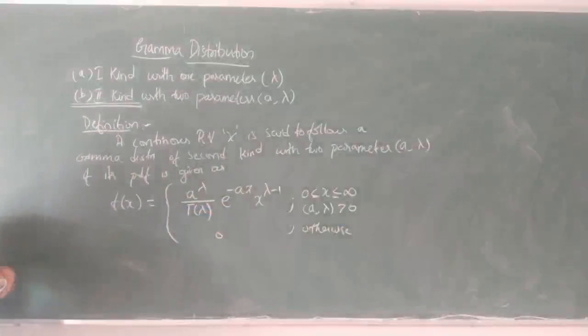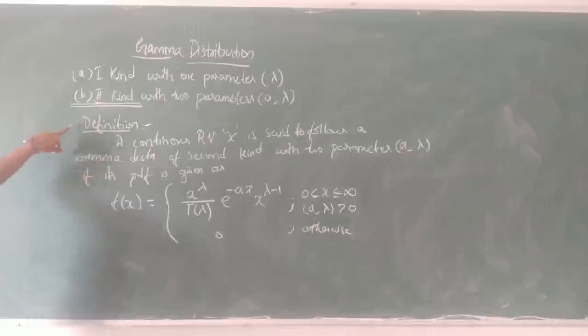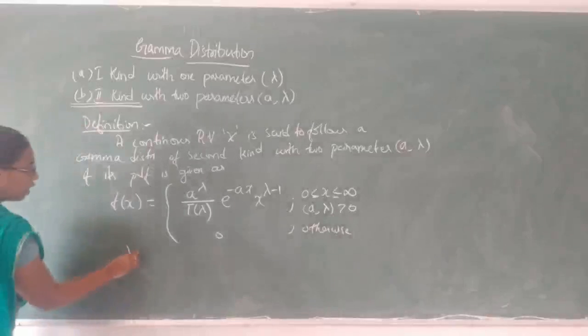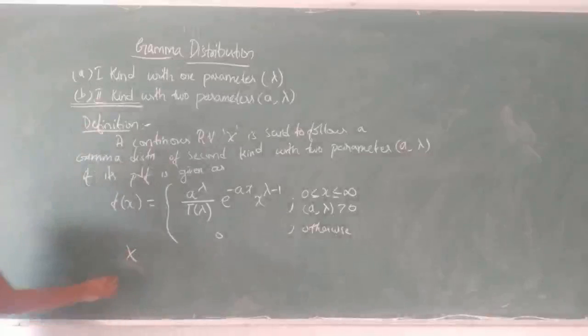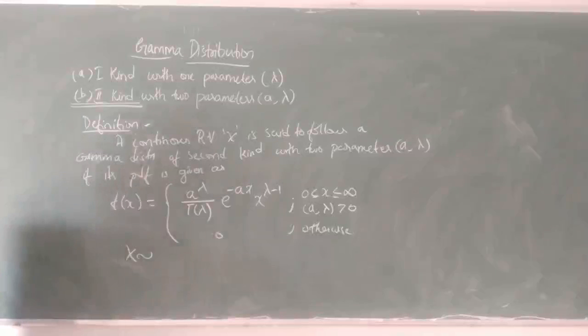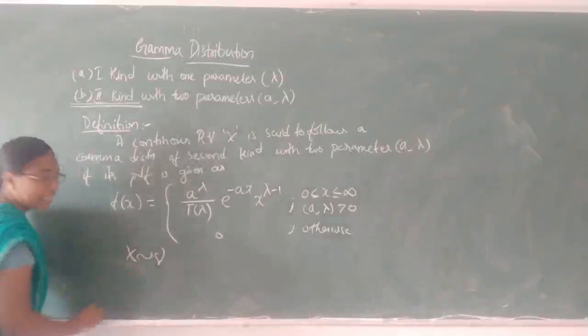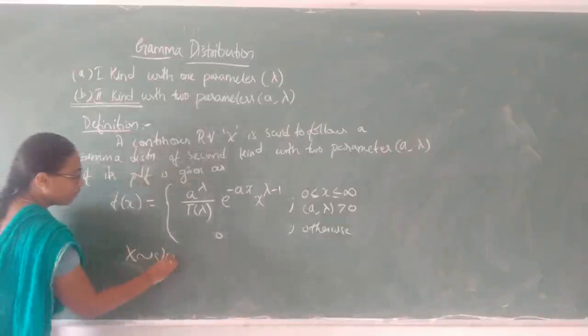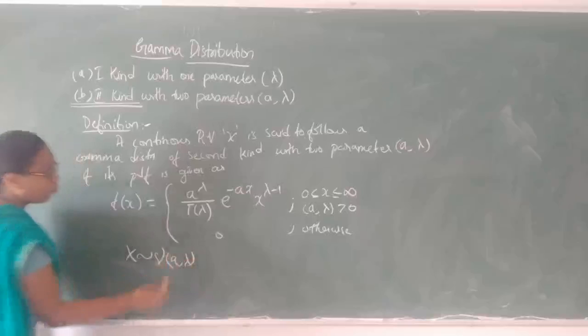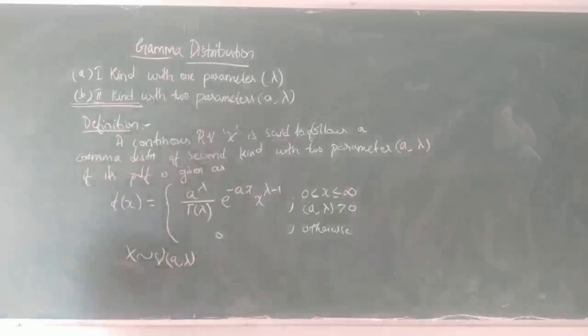Suppose any random variable x is said to follow the gamma distribution, how do we notate it? x follows gamma with the parameters a comma lambda. So you denote it like this.